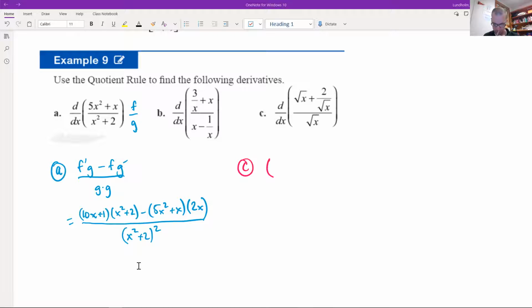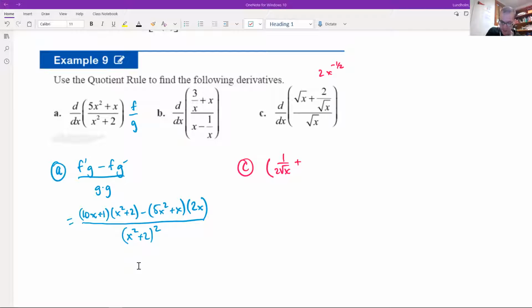We would take the derivative of the top, and for that first term, we would have 1 over 2 times the square root of x. Again, that's the power rule in play. Plus, this one is 2 times x to the negative 1/2.